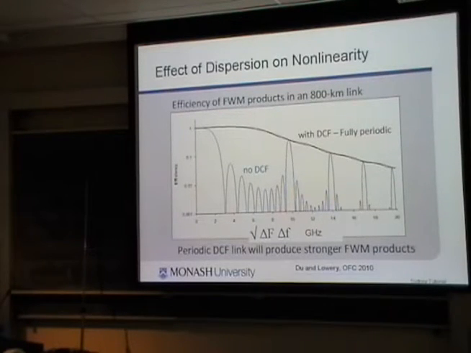Now, of course, there's a situation where you can go around twice with 8 spans and get back to the origin. So that produces a null. And that's occurring at twice the frequency separation.